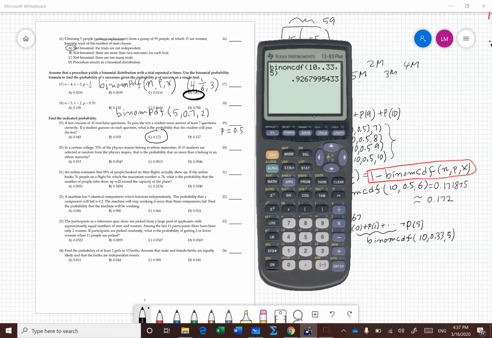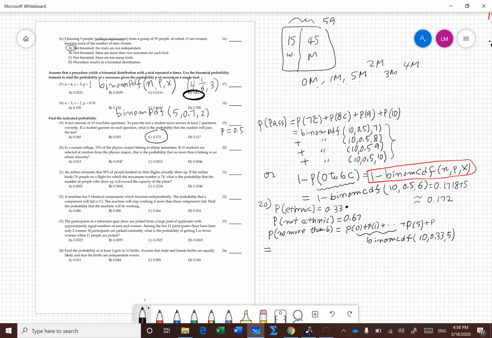33% ethnic minority. If 10 people are selected, no more than 6. Oh, no more than, so we have to go up to 6. Oh my God. So this number needs to be changed to 6. Sorry about that.